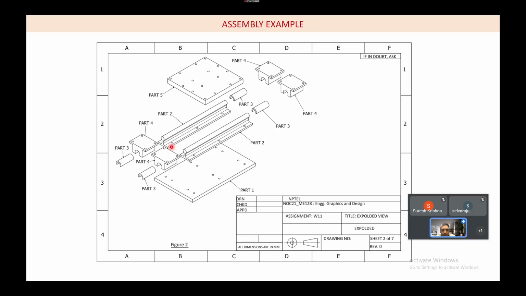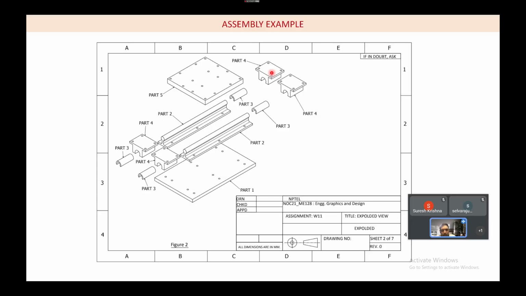The slider is going to sit on this rail, and after part 4 is fixed, upon that we are going to place another part. This is part 5. On this slider there are some holes provided, and on the top also there are some holes. After these parts are placed together, the holes will exactly match.